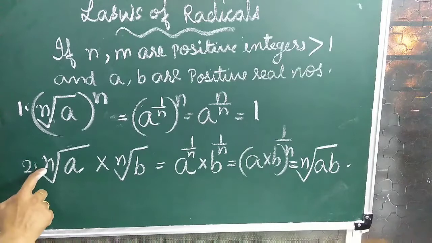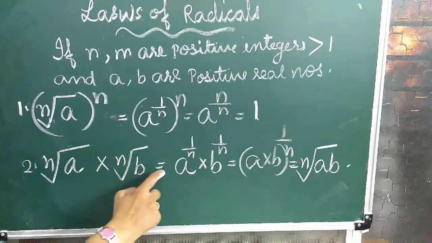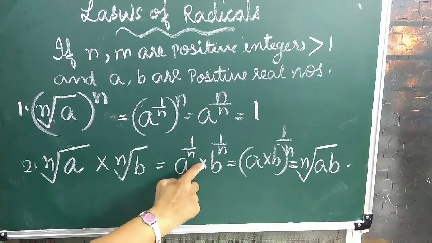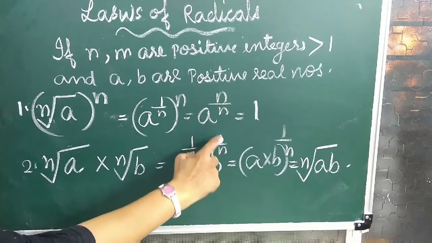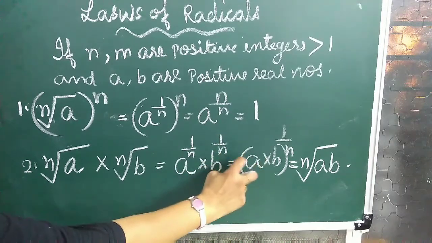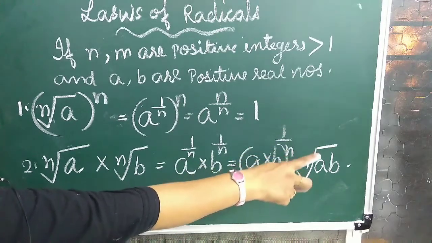Second law, nth root a into nth root b is equal to a to the power 1 upon n into b to the power 1 upon n is equal to a into b whole to the power 1 upon n, that's equal to nth root of ab.